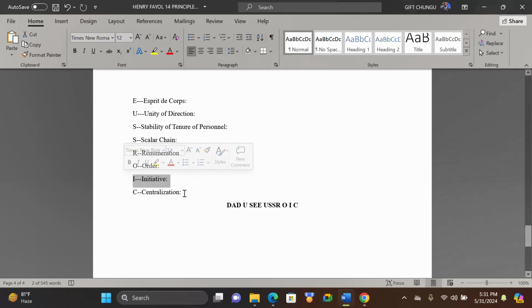And then the last one is what we call centralization. Nowadays the systems in these organizations, institutions or companies have been decentralized, in the sense that in the past we received decisions and the making of rules and laws from our superiors.